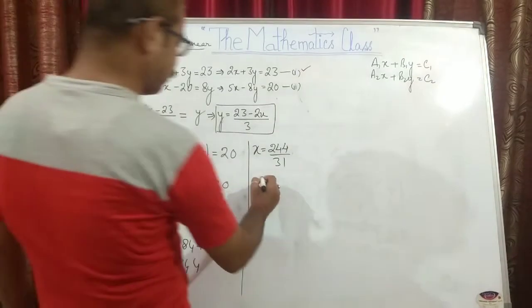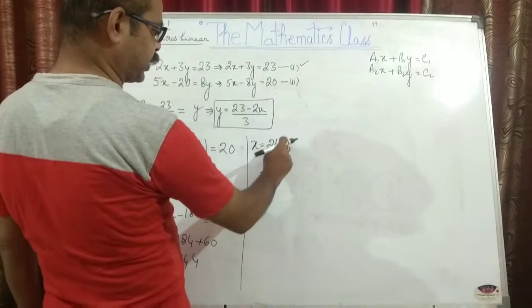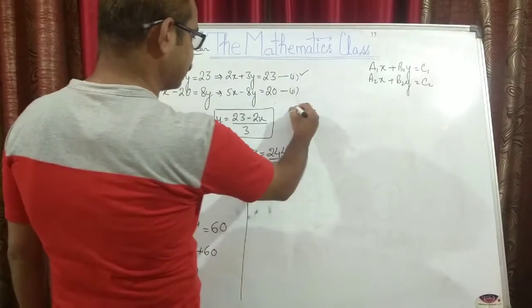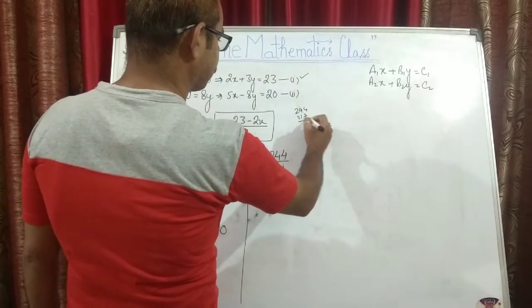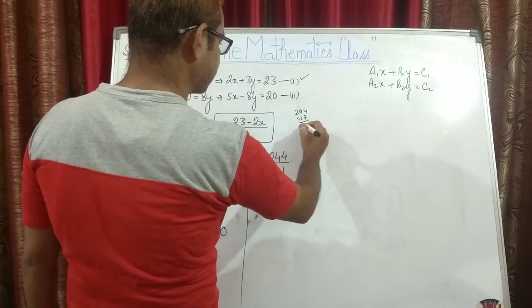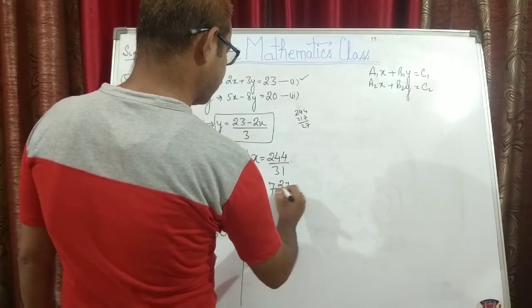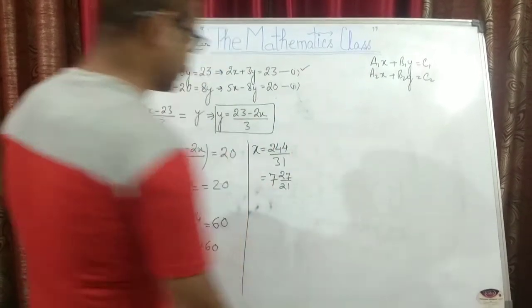So it will be 7 whole something, because 8 1s are 8 and 8 3s are 24. So it will be 248. It means it will go by 7. 7 1s are 7. 244 minus 217, 7 7s are 49, and so on. 7 whole 27 upon 31 is the value of x.